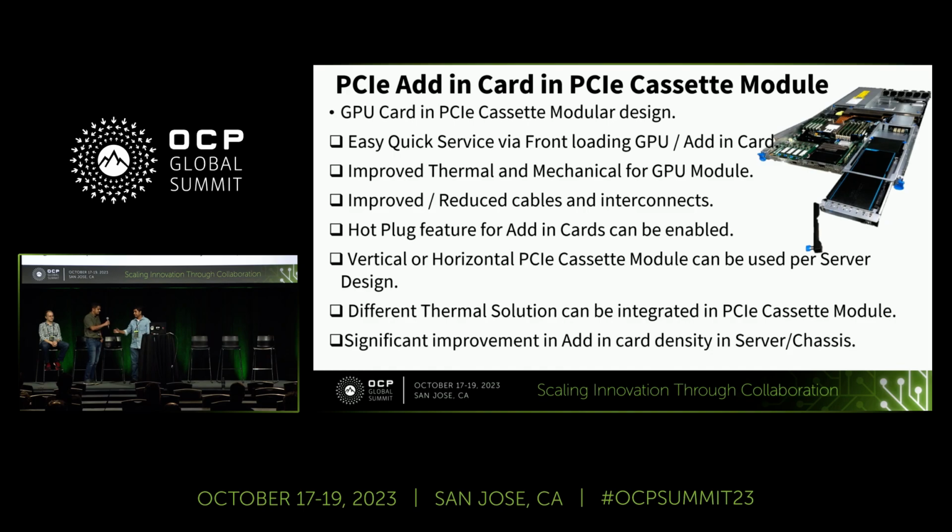Yep. Thanks, Nanda. So moving forward, what we have seen using this PCIe cassette modular design is that there are a lot of advantages. As we are in the arena of AI, where more concentration of GPUs are going in the servers, whether in PCI add-in cards or OEM form factor, this is something which for PCI add-in, a cassette format can be very beneficial.